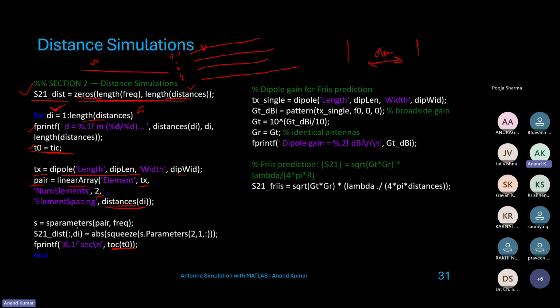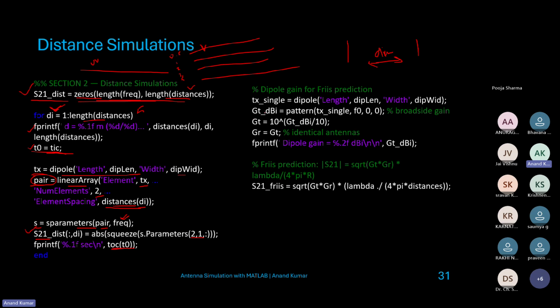And then we calculate the S parameters using the array element that we created and the frequency steps that we created in the previous slide. So we get the S parameters, we just extract the S21 over here, and that's it. Now we get the S21.